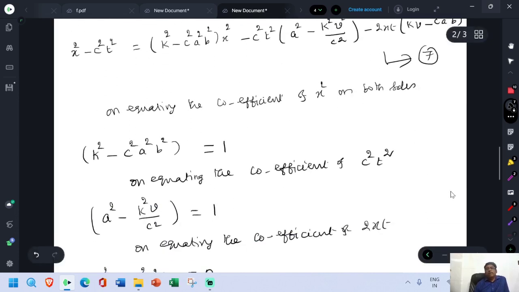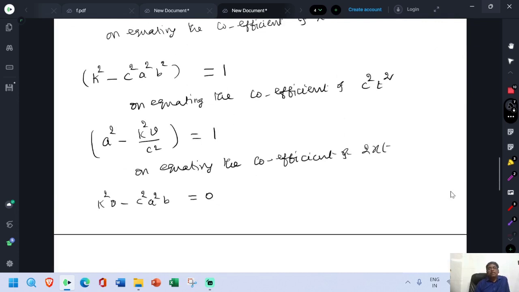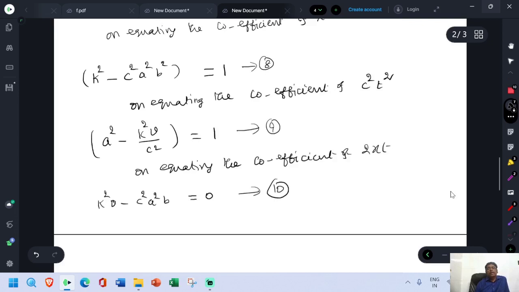We have had 3 equations. This is 8, this is 9, this is 10.